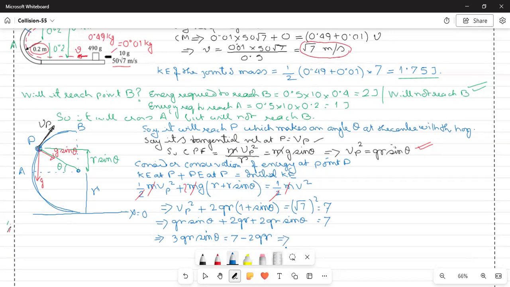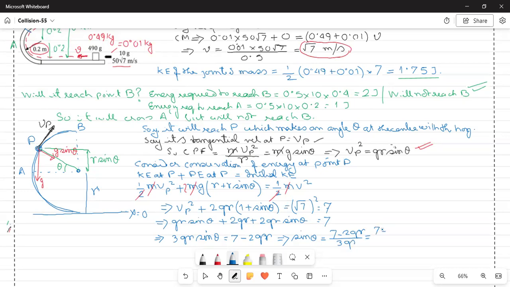From here we get, what is the value of sine theta? Sine theta is equal to (7 minus 2gr) by 3gr.